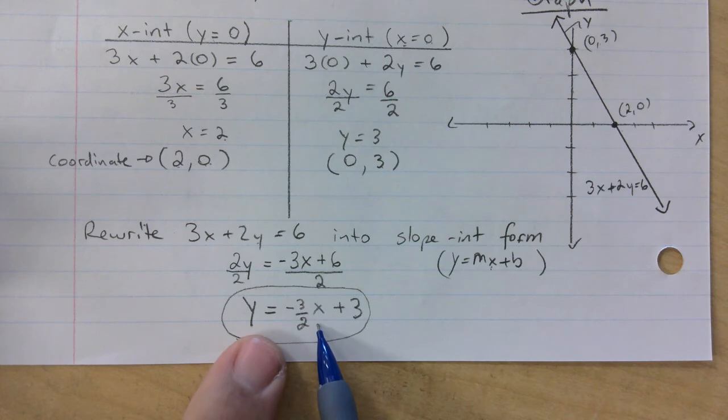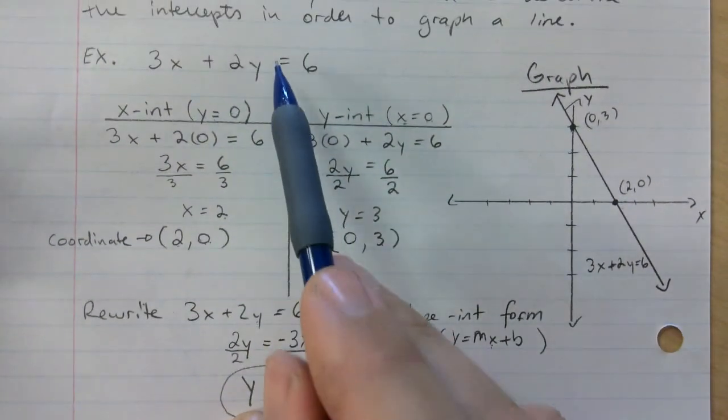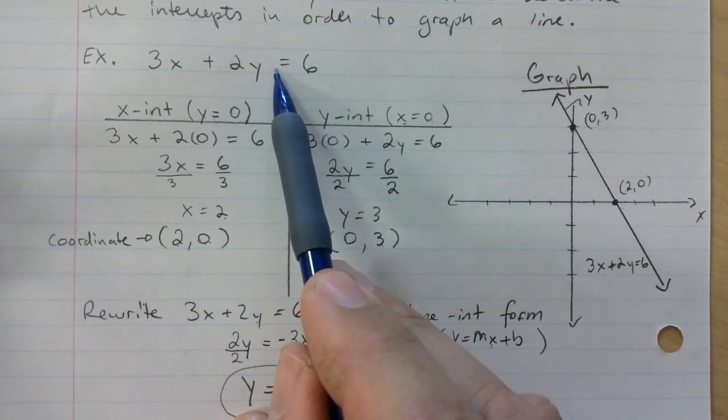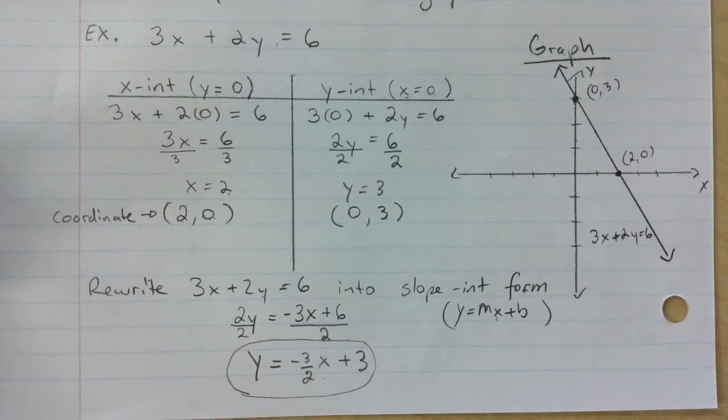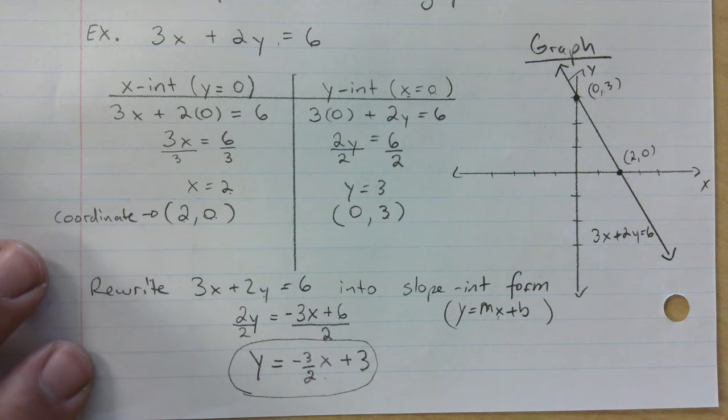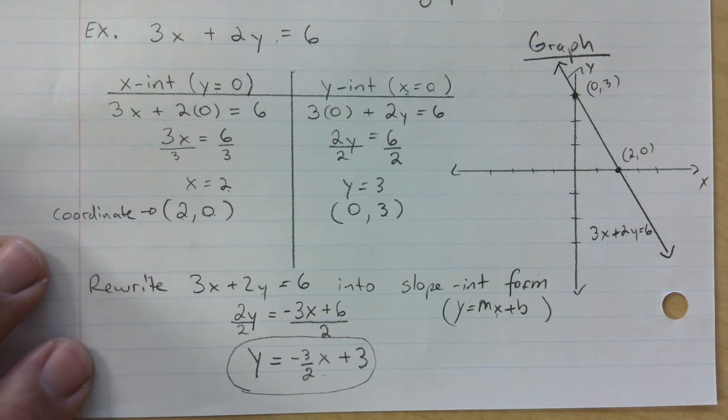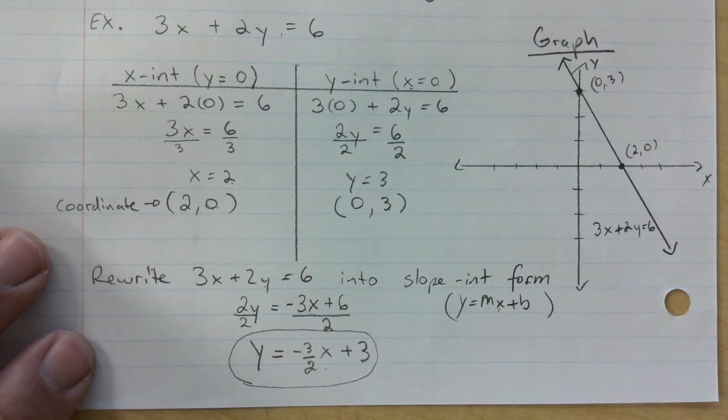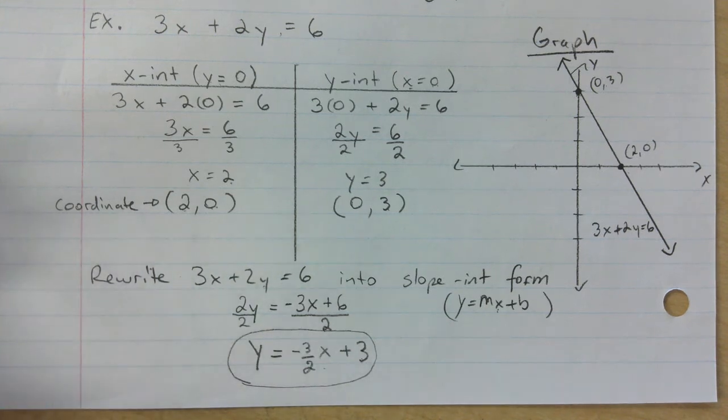Whether I'm talking this form or that form, we're talking about the exact same line, okay? So we need to be able to do all of that without issues. So now it's where you do a little bit of work and practice what we've just learned, okay?